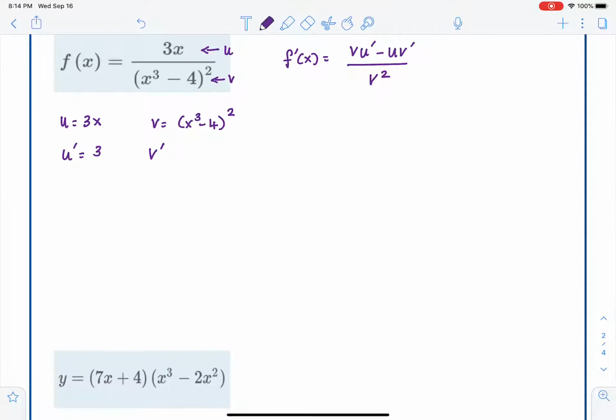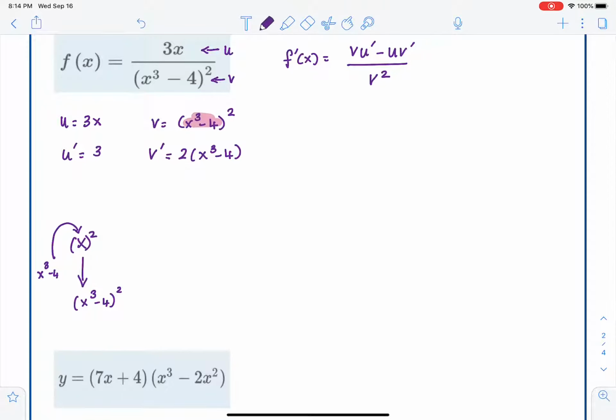V prime, on the other hand, would require chain rule because we don't simply have x squared, we have (x cubed minus 4) squared. Again, we have the function x squared. X cubed minus 4 goes in, and we end up getting (x cubed minus 4) squared. So we are going to treat the x cubed minus 4 as x squared for a moment and recognize that its derivative is 2 times (x cubed minus 4).